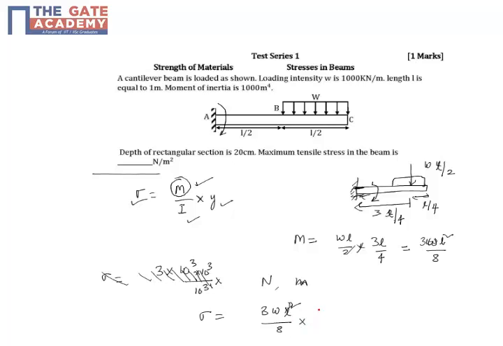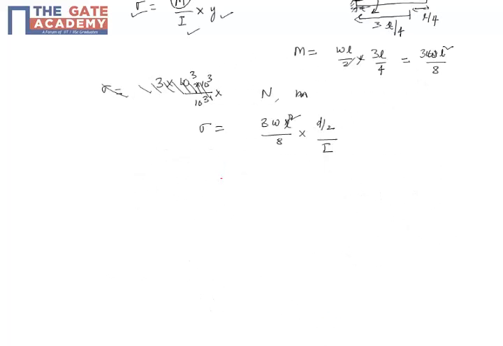The I value is given, y is depth by 2, and this is the value of I. So let's substitute everything. 3 by 8, and the value of W is 1000 kilonewton, so 10 power 3 again, in order to convert into Newton.